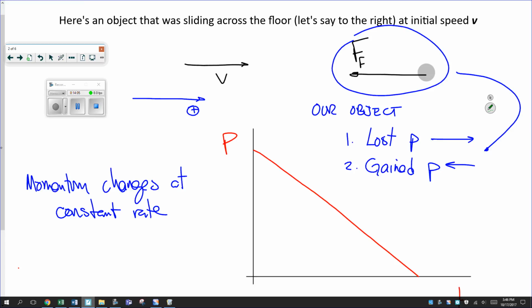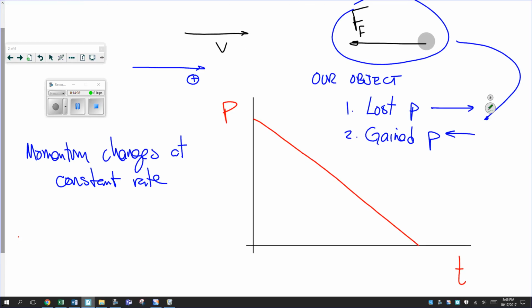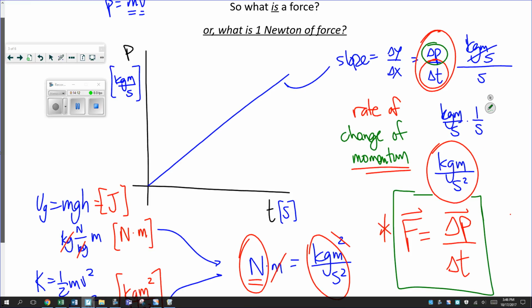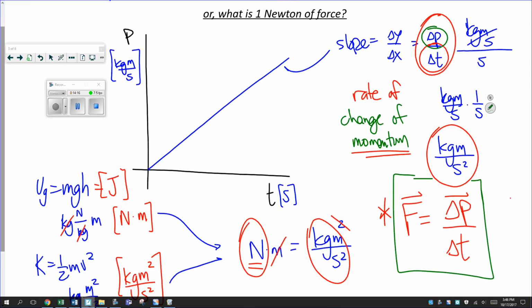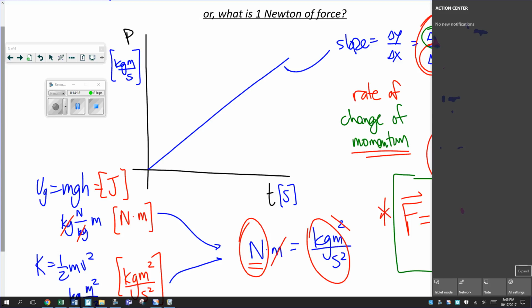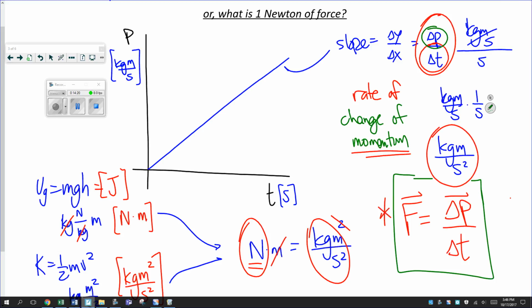Here's another case where it could cause a different-looking change in momentum, a loss of momentum. But it's not only that the force causes a constant rate of change of momentum, it's that the force is equivalent to the rate of change in momentum. How do I know that? I know that by looking at the slope of this graph and what the units of that slope happen to be.